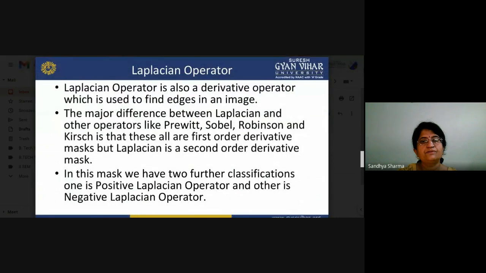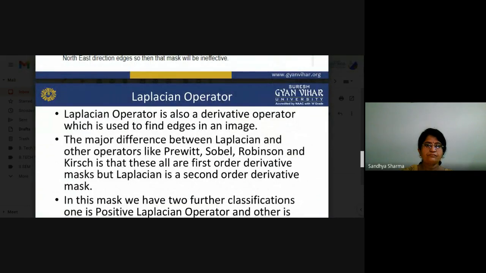Now we will switch to the Laplacian operator. What about the Laplacian operator? The Laplacian operator is also a derivative operator which is used to find edges in an image. So it has the same function. The major difference between Laplacian and other operators like Prewitt, Sobel, Robinson, and Kirsch is that those are all first derivative masks, but Laplacian is a second derivative operator.